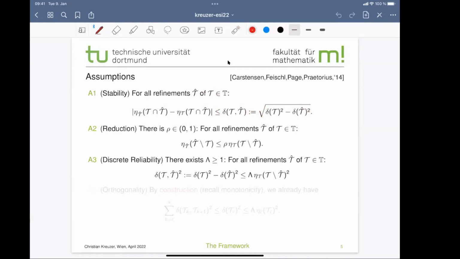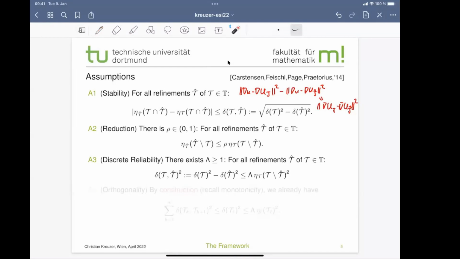When you think of the H1 semi-norm, this would read like this: grad u minus grad u_T squared minus grad u minus grad u_T hat squared, and this equals by Pythagoras grad u_T minus grad u_T hat. Then you take the square root of this expression, of course.